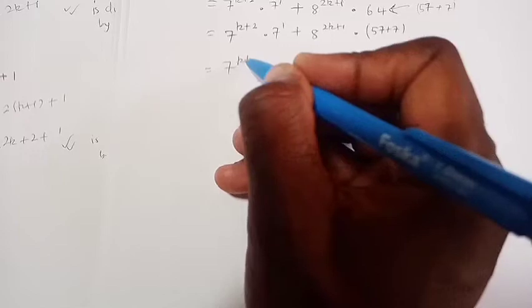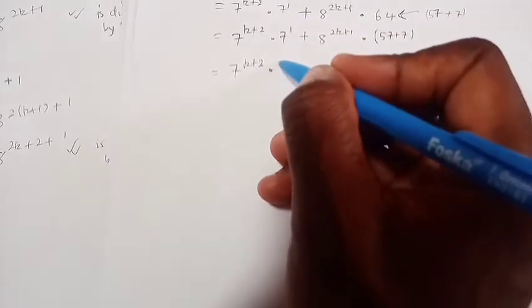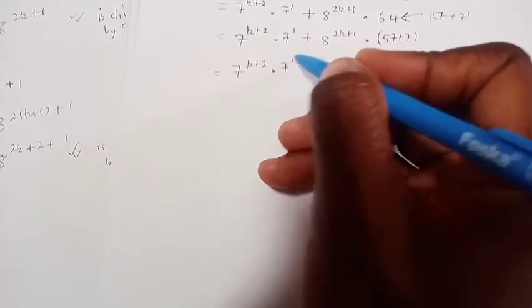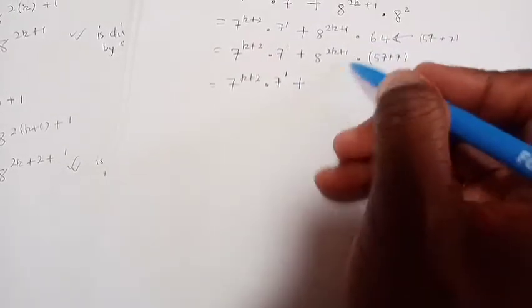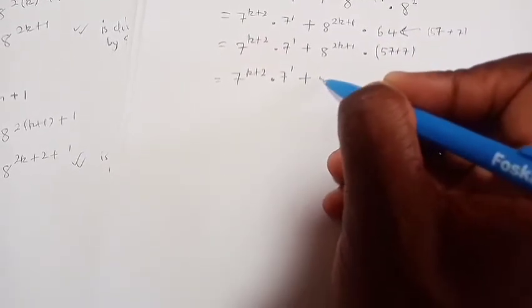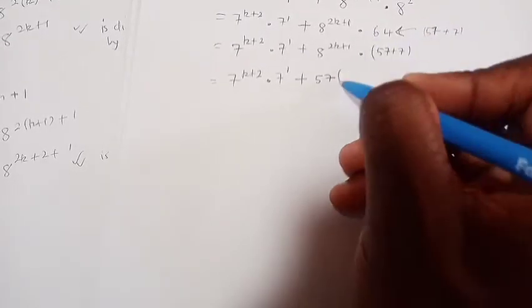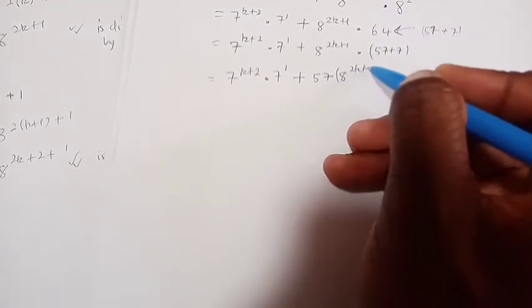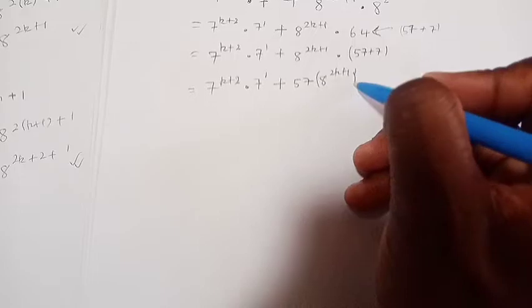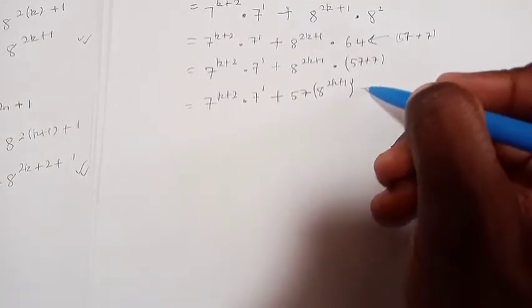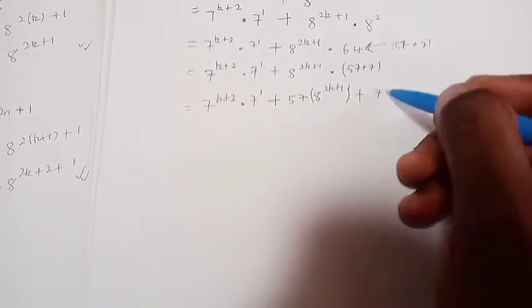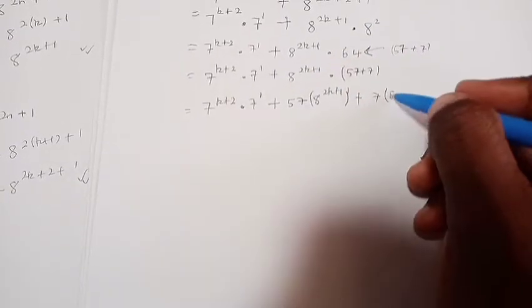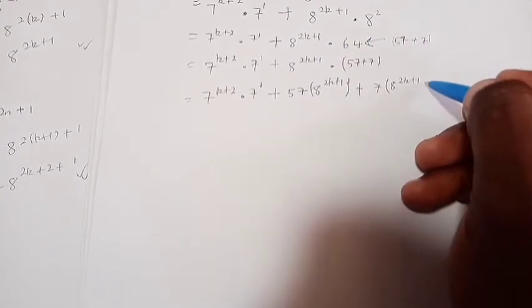I hope you are following through, because part 3 is the last part where we get to prove that our equation is divisible by 57. So we are multiplying 57 by 8 to the power of 2k plus 1, in brackets, and then plus this over here, and then we also multiply 7 with this same expression, 8 to the power of 2k plus 1.